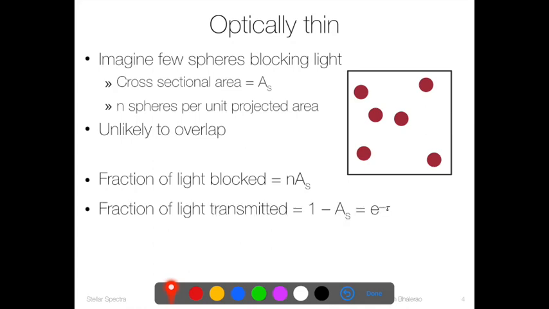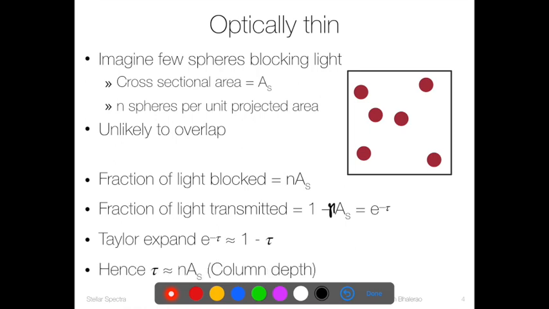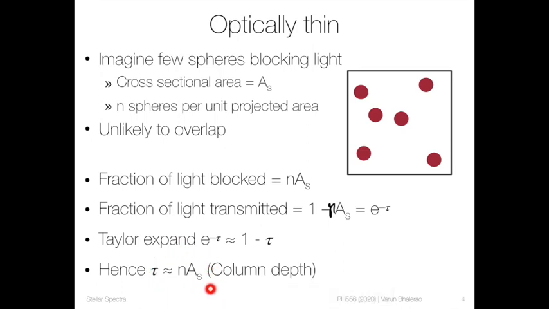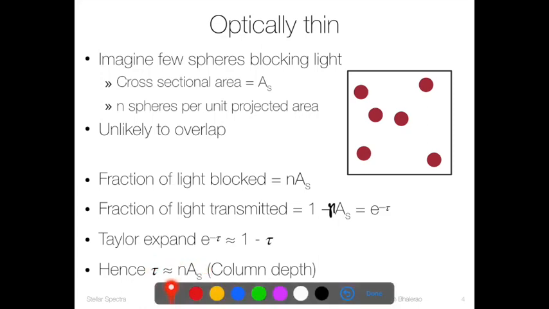If I want to express this using optical depth, then the fraction of light which is transmitted is 1 minus n times A_S, and that is e raised to minus tau. In other words, we can Taylor expand this to say that e raised to minus tau for small tau is roughly 1 minus tau, and for small optical depths this tau simply becomes equal to n times A_S.